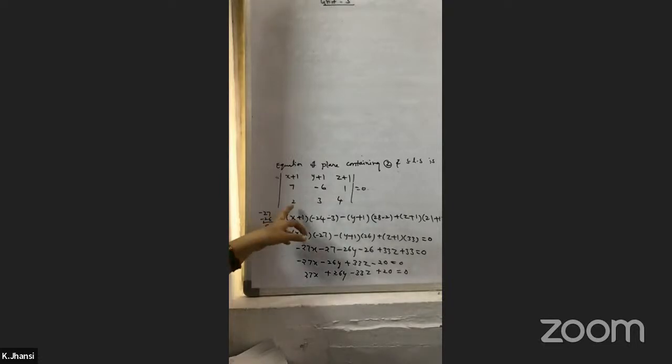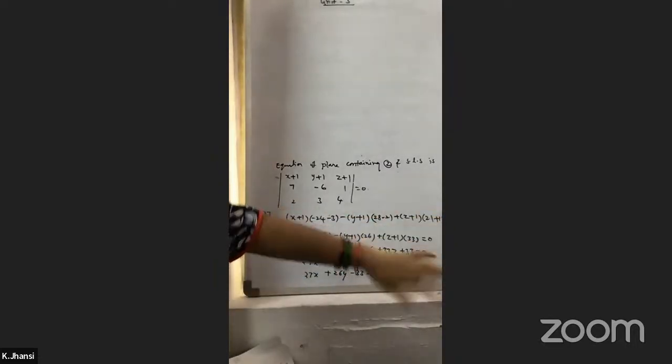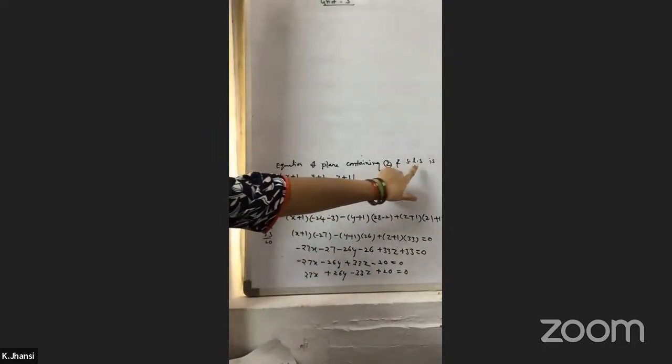Actually, instead of 2, 3, 4, you can even write 2 by root 29, 3 by root 29, 4 by root 29. If you write them also, if you take them to the right hand side, it is equal to 0, no? So those values will vanish. So if you take only 2, 3, 4, it's enough for us. Why? Because it is the plane containing the line and the shortest line segment. So you can take 2, 3, 4 values, that is the LMN values.